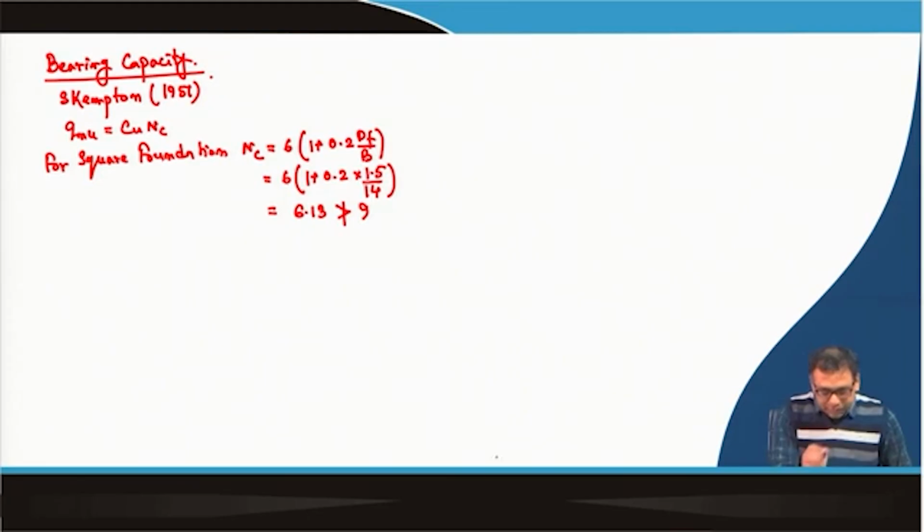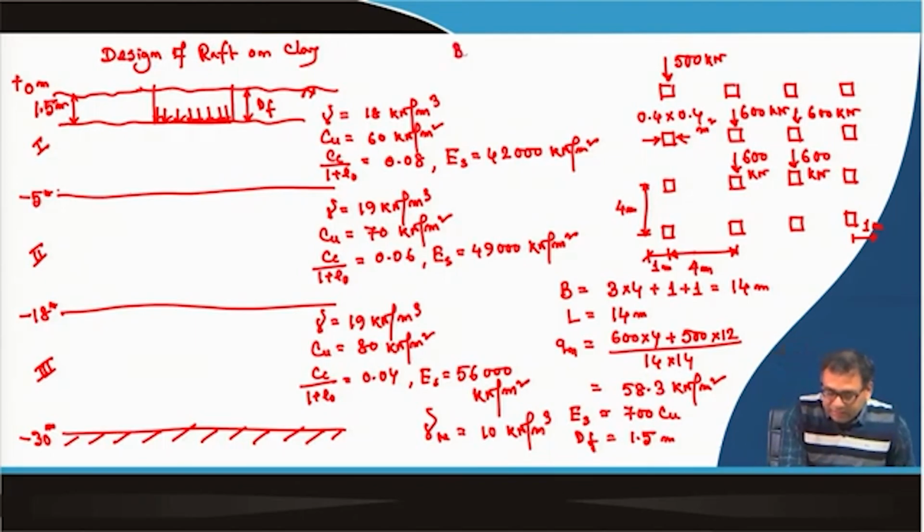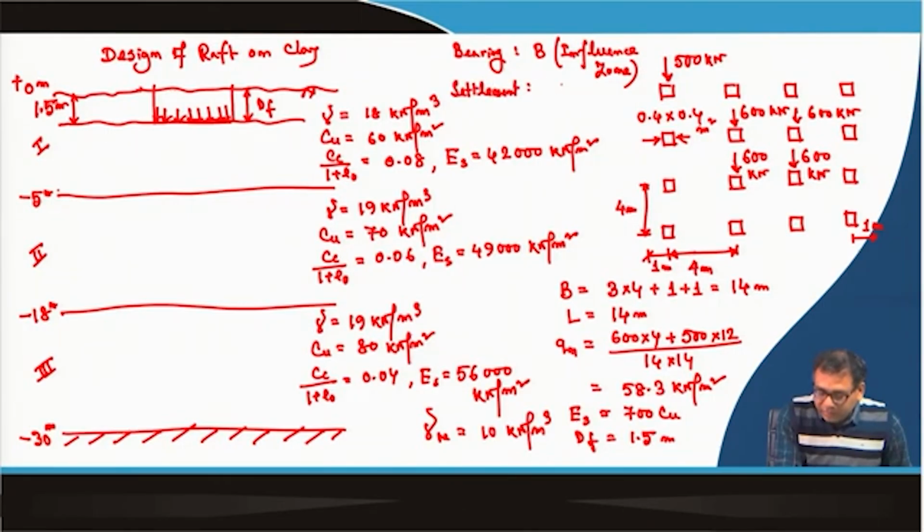So, the Nc value we got is 6.13. Now, what is the Cu value? As I mentioned in my previous example problem, for bearing, our influence zone is B. And for settlement, it is twice B. So, B is 14 meter.